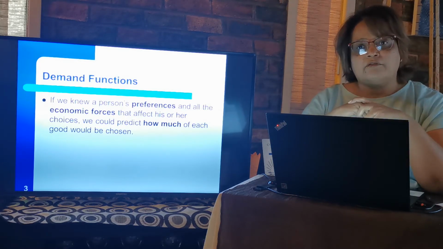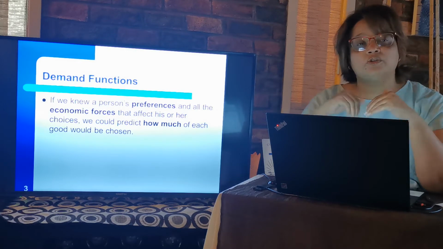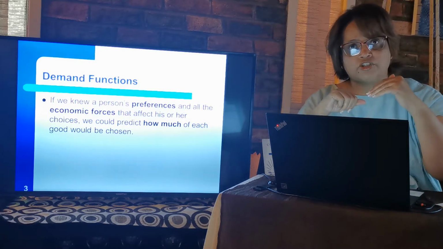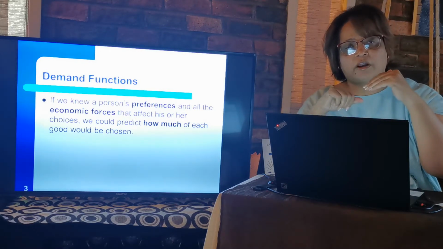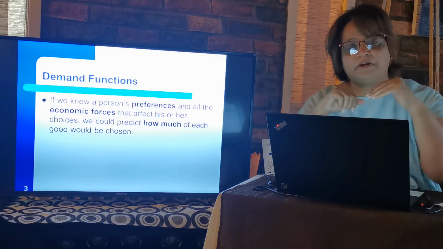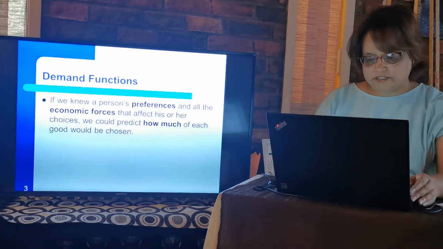We will also look at what we deem normal goods and inferior goods, and the cultural differences or diverse demographics that will determine the preferences of the household's budget. Enough said.